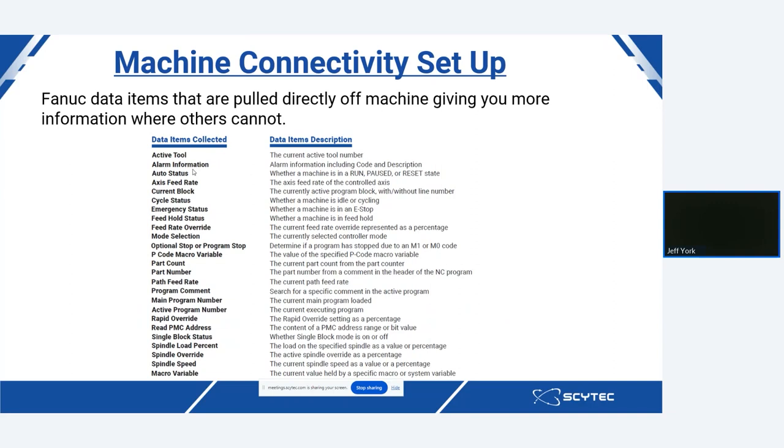If you look there on that left-hand column, you can see what is collected, and next to that a description of those. And we can get down to some minute details with these direct protocol access, such as program comments, rapid overrides, auto status, alarm information, cycle status, emergency status, just to name a few.